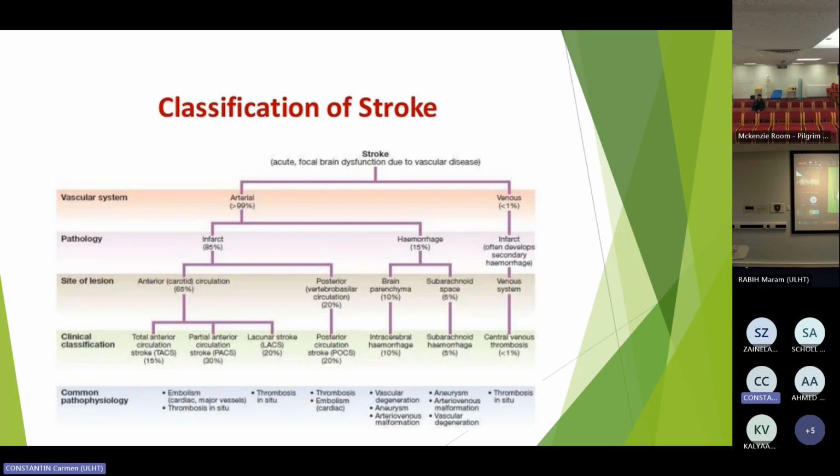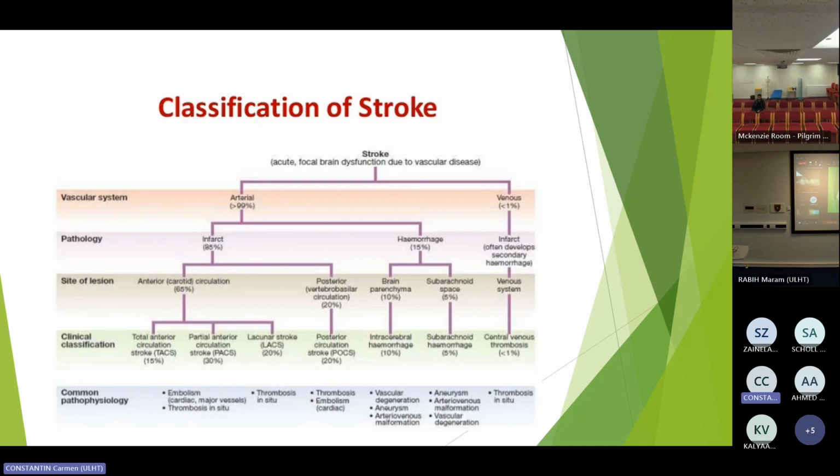So classification of the stroke, as I said earlier, we have the arterial stroke and we have the venous stroke. Luckily, the venous stroke is less often seen among the vascular system. When we have the infarct, we have two big types of the ischemic stroke.